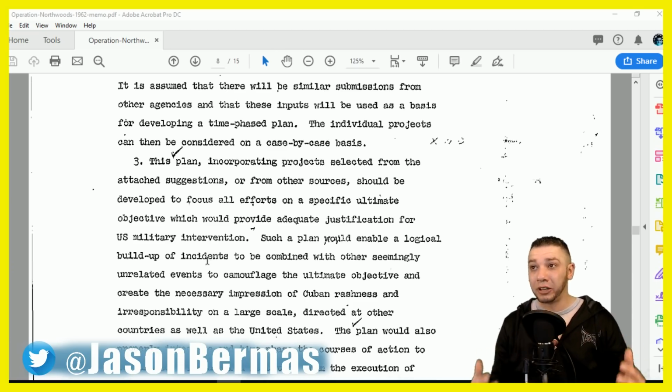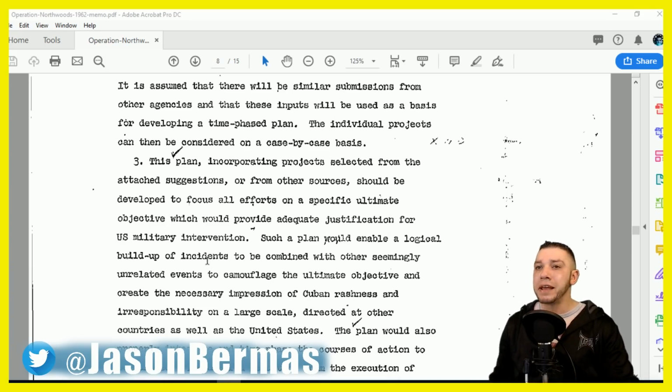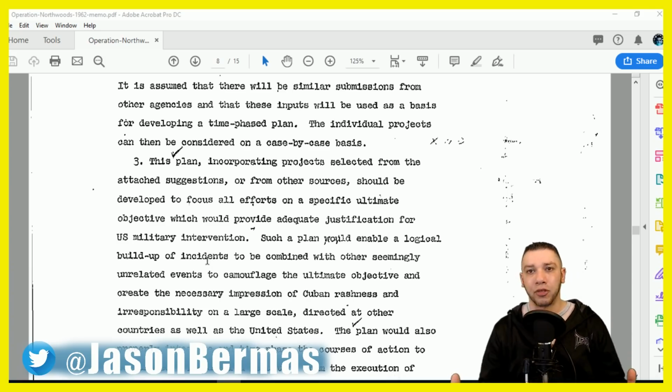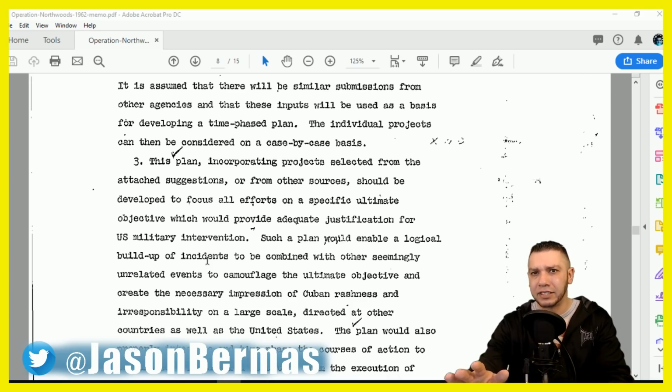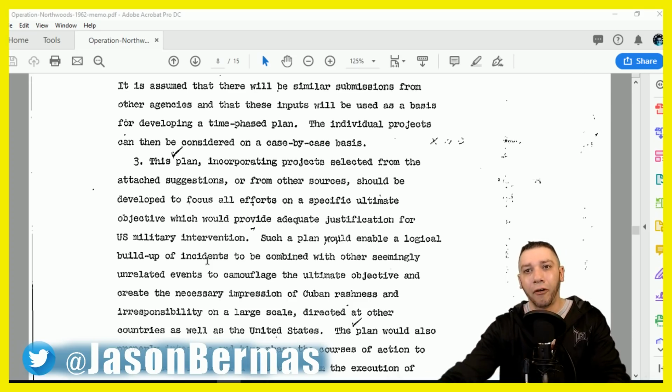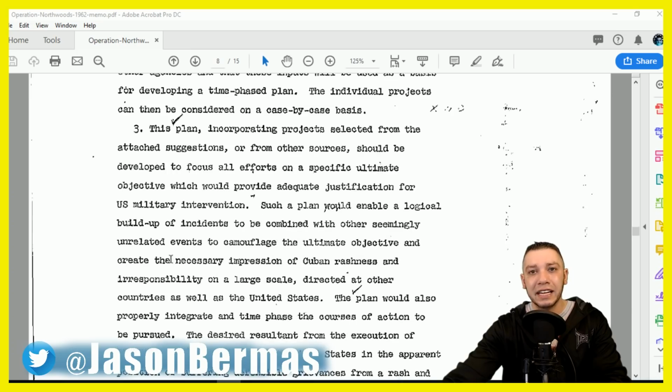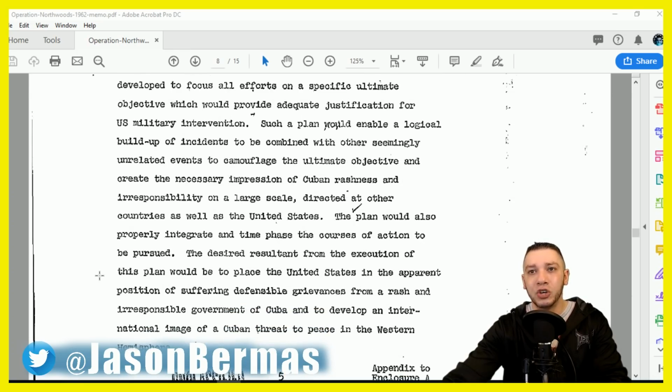See, the logical buildup. Now we're getting to the meat and potatoes. We got to make this gradual. There has to be several things. We're bringing this in. So now the logical buildup of incidents to be combined with other seemingly unrelated events. Notice that also. They're going to combine this with seemingly unrelated events to camouflage the ultimate objective and create the necessary impression of Cuban rashness and irresponsibility on a large scale directed at other countries as well as the United States.